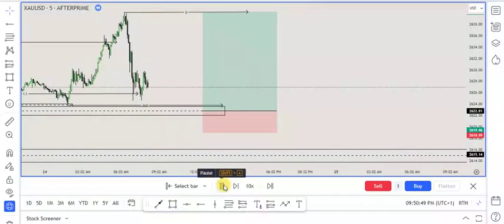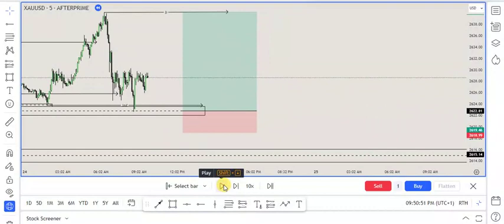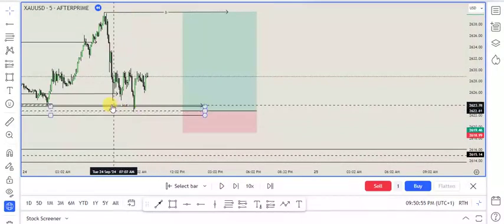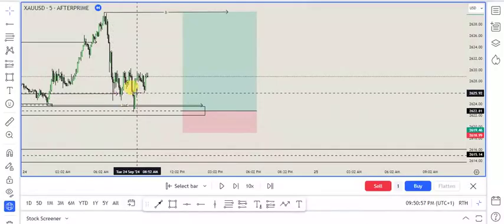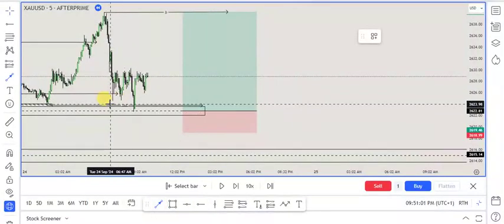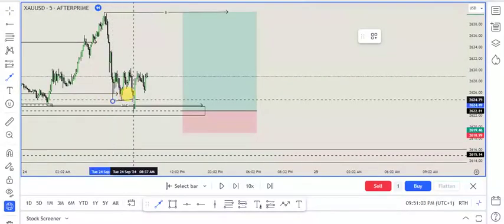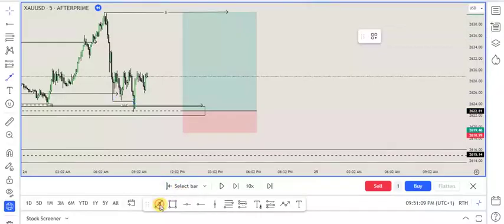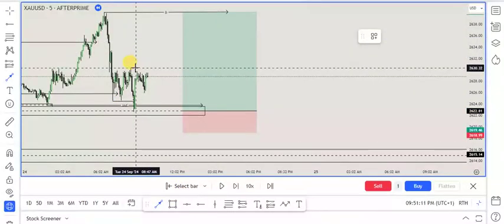Okay, so see, price touches our order block, created liquidity, swept the liquidity. Let me just mark it for you so that you see. Swept liquidity, touches our order block. Now we are waiting for price to break this level, right, before we enter.